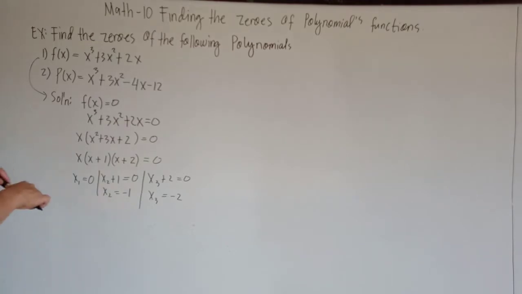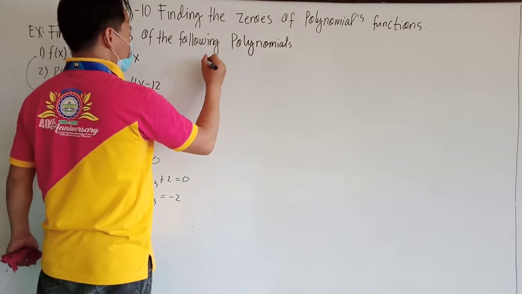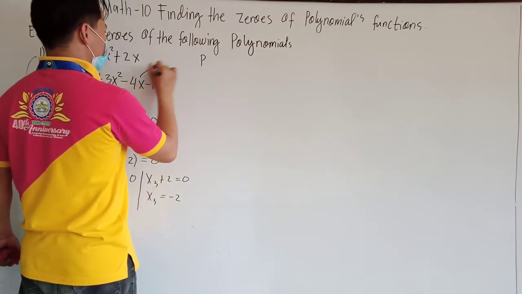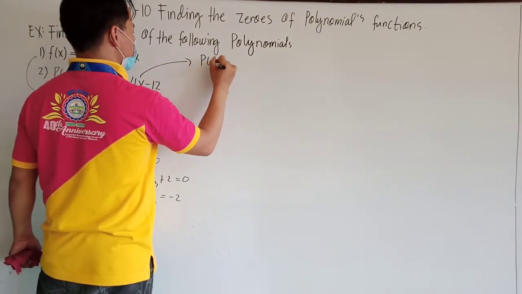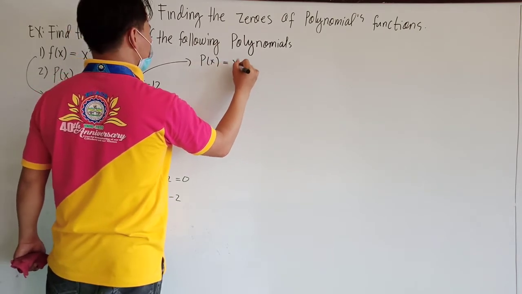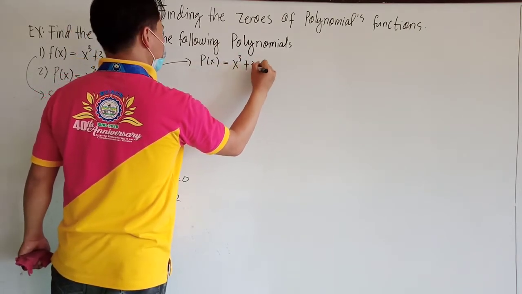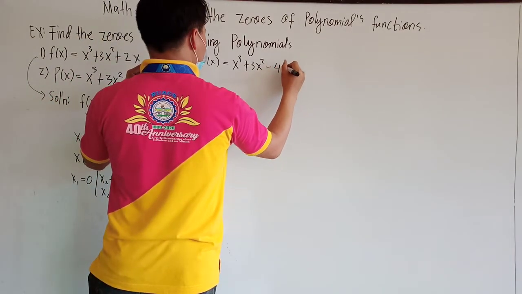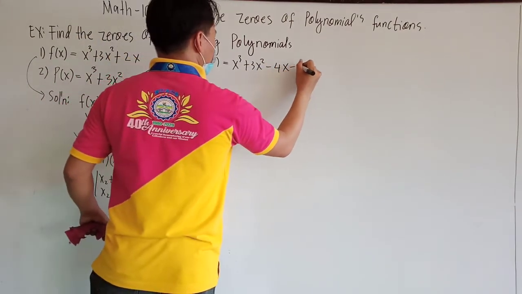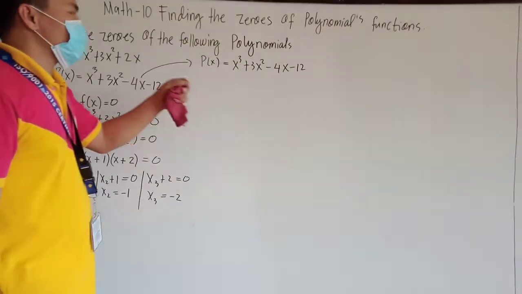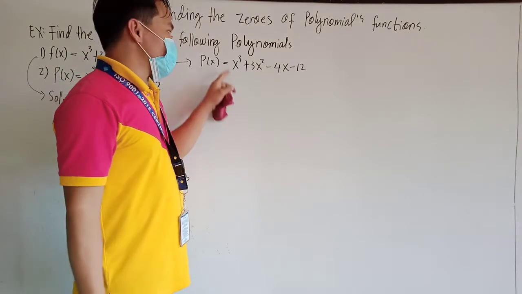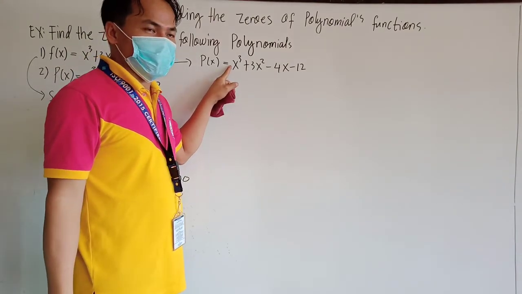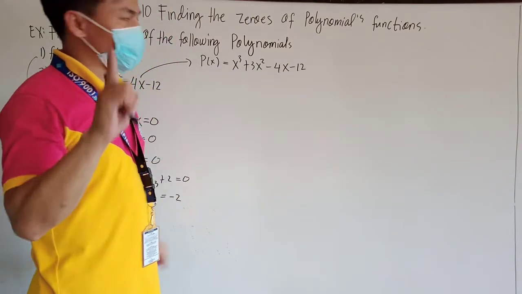Let us proceed with the function for number 2. We have p of x equal to x cubed plus 3x squared minus 4x minus 12. In this part, there is a constant in the last term. It is actually easier to solve because the numerical coefficient of the first term is only 1.